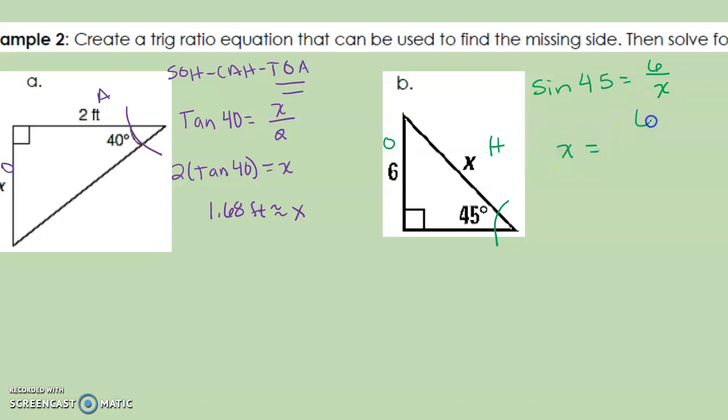So x equals 6 divided by sine 45. I'm going to put that in my calculator using my fraction button. Please use your fraction button, because otherwise kids a lot of times don't use the parentheses correctly and you get the wrong answer. And I get x exactly equals 6 root 2 units. And when I toggle, I get 8.49 approximately.